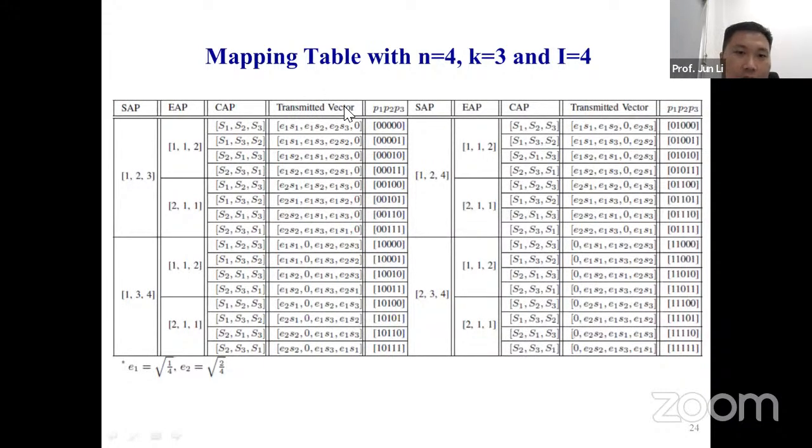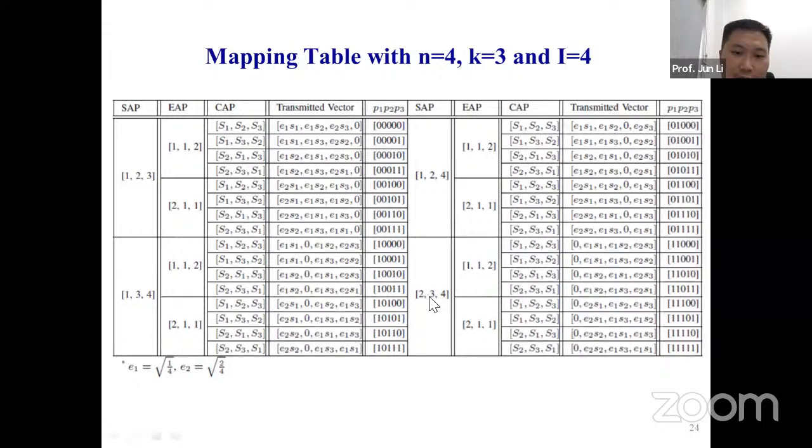For example, if we have N equals 4, K equals 3 and I equals 4, then we have 4 kinds of different subcarrier patterns, right? The 1, 2, 3 means the first, second and third subcarriers are used.